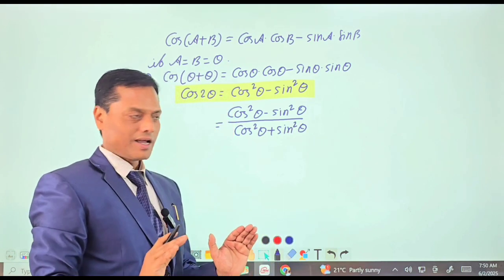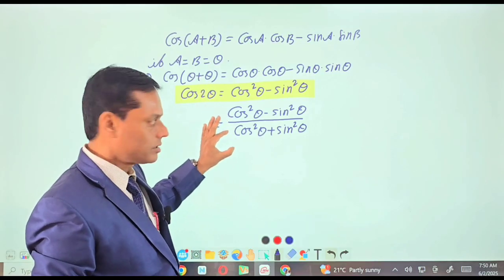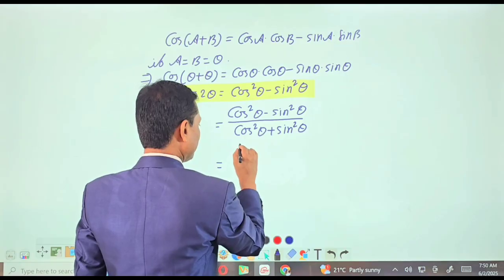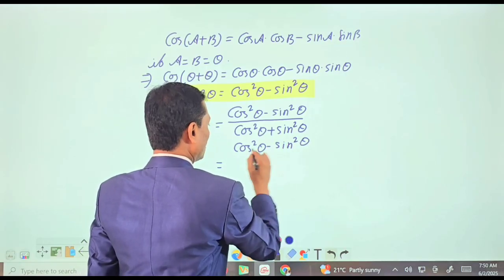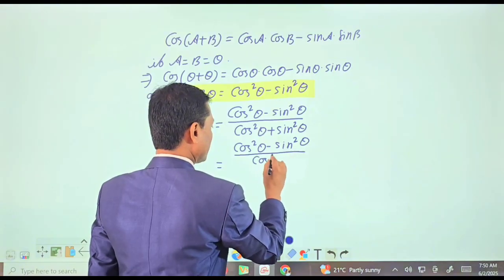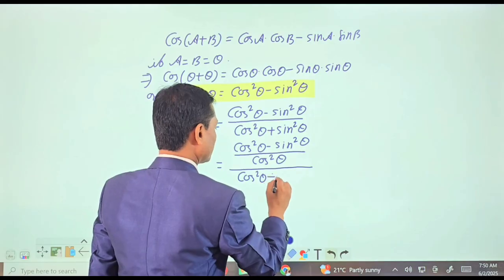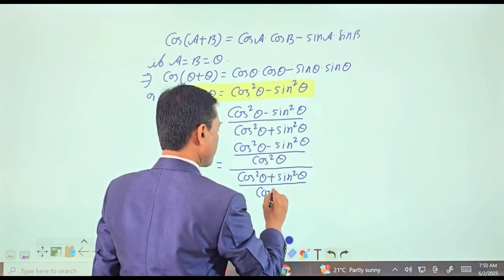Yes, and once again we are going to divide the numerator and the denominator by cos square theta. So we write cos square theta minus sin square theta over cos square theta, over cos square theta plus sin square theta over cos square theta.